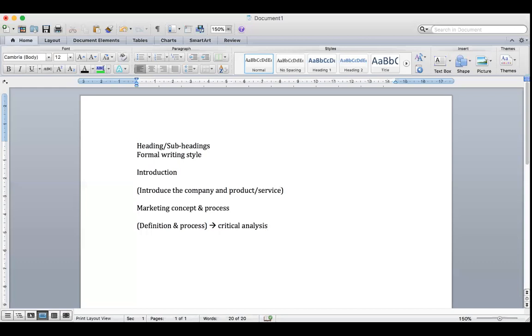Now, in terms of the definition that you research, I would recommend you to look at the American Marketing Association's definitions of marketing. You can also look at your e-texts to find out the definition of marketing. The one that the American Marketing Association has published is basically one of the comprehensive ones.